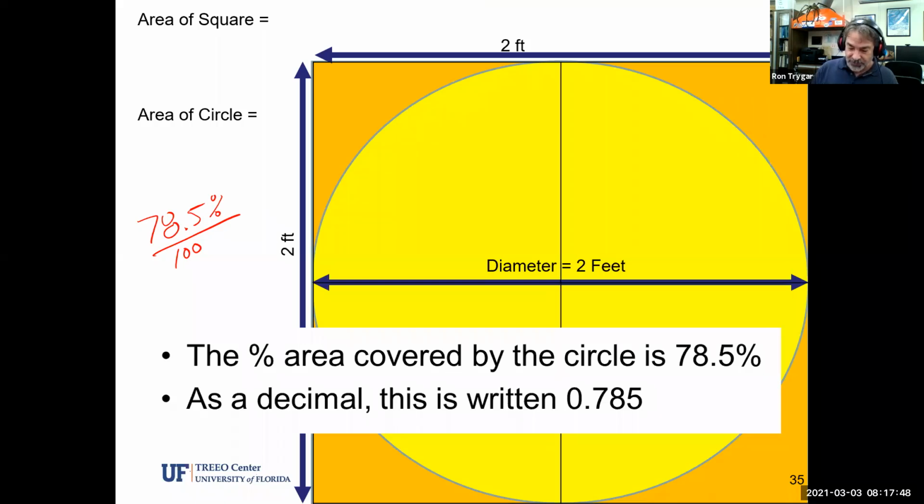So 78.5 divided by 100, and we have a decimal equivalent of 0.785. You can kind of see it: move the decimal 2 places over to the left. So just remember that anytime you see a percentage, and you need it as a decimal, just divide by 100 and you'll have it as a decimal equivalent. There you go. That's it.